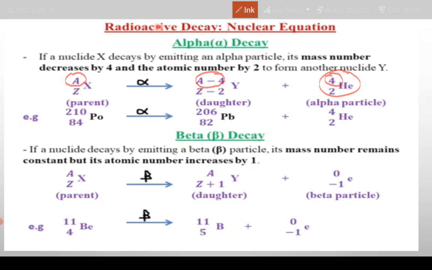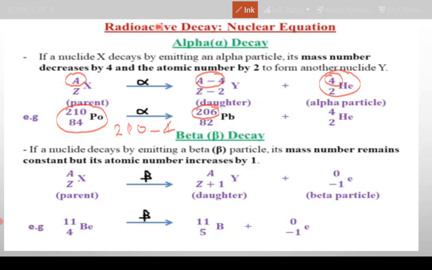For example, suppose polonium is undergoing an alpha decay, is emitting alpha. Its mass is going to decrease by 4. So all you have to do is from 210 subtract 4, which will give you 206.